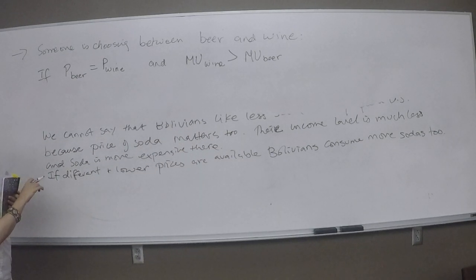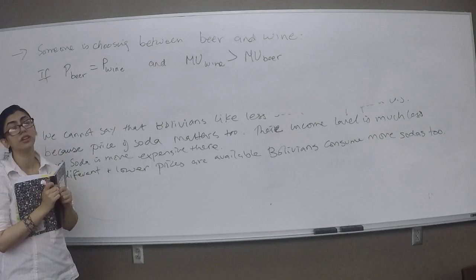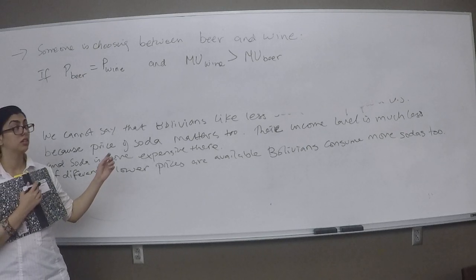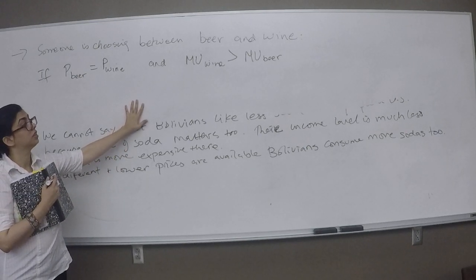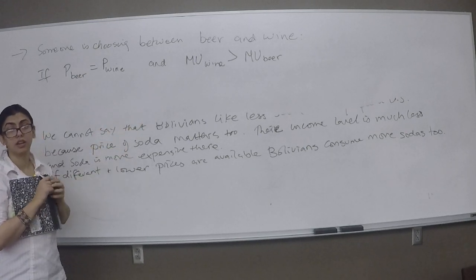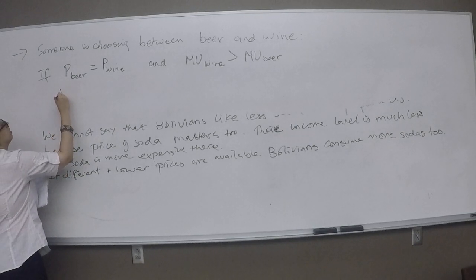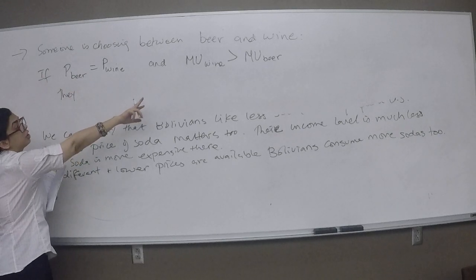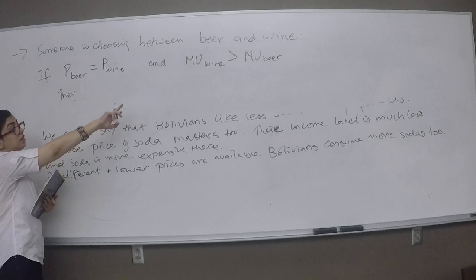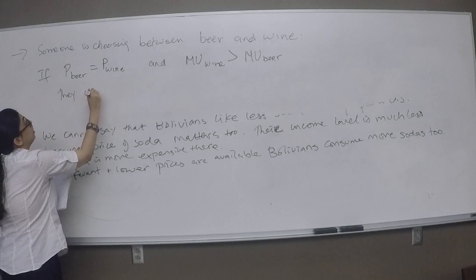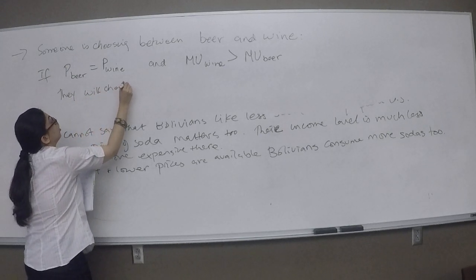Price is the same, the marginal utility of wine is greater than marginal utility of beer. What are they going to consume? Wine. They will choose wine. Why? Because marginal utility is greater than beer and price is the same, so it doesn't matter. They will choose wine.